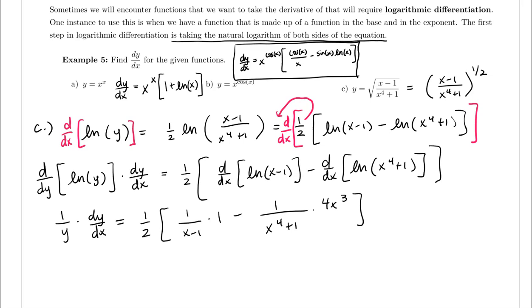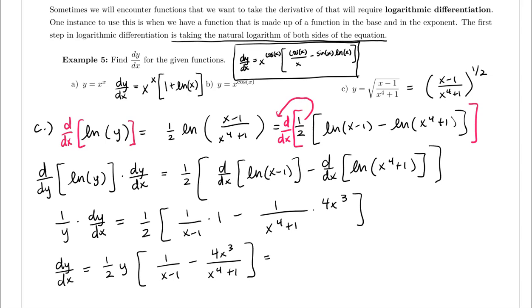All right, so let's multiply both sides by y to isolate dy dx. So we have dy dx equals 1/2 y times 1 over x minus 1 minus 4x cubed over x to the 4th plus 1, like that.